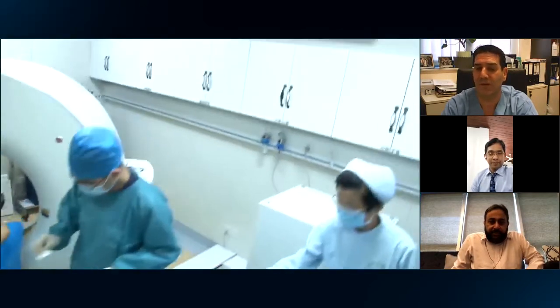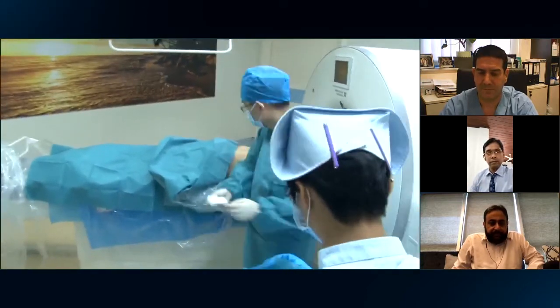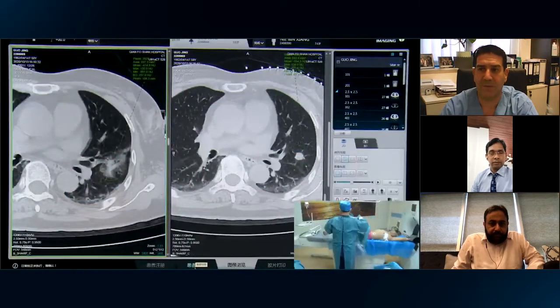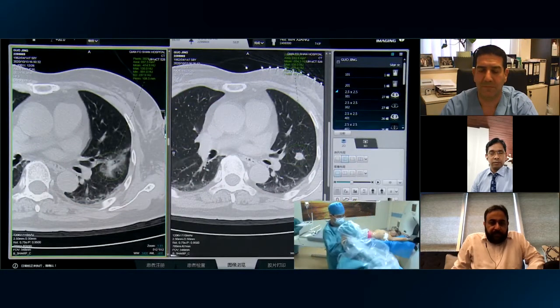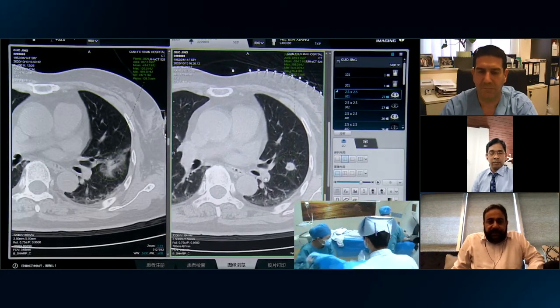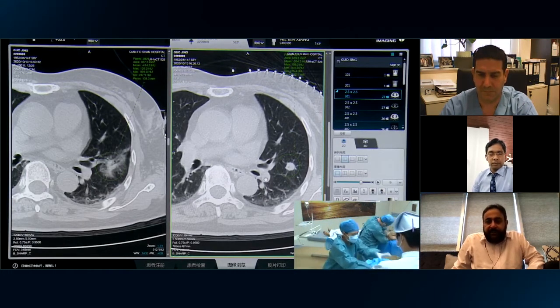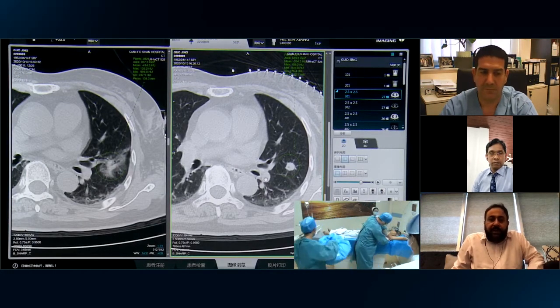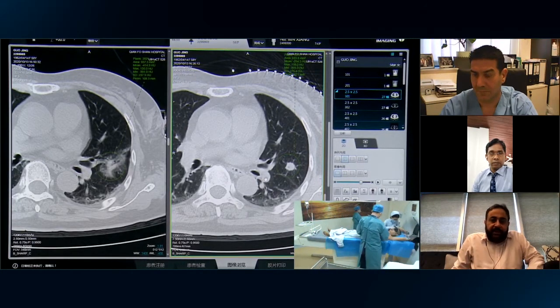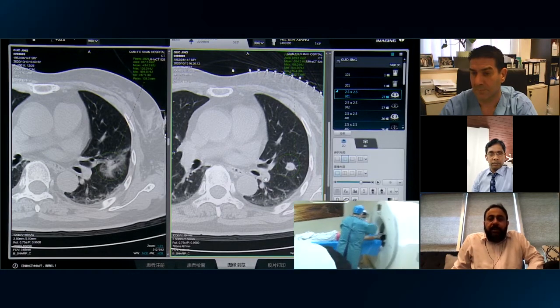Anecdotally, there are reports in the literature on seeding track. I don't know, what is your experience? Well, in my case, I haven't come across it yet, but I've seen reports from various centers, particularly in lung, because you need one cancer cell to cause that.